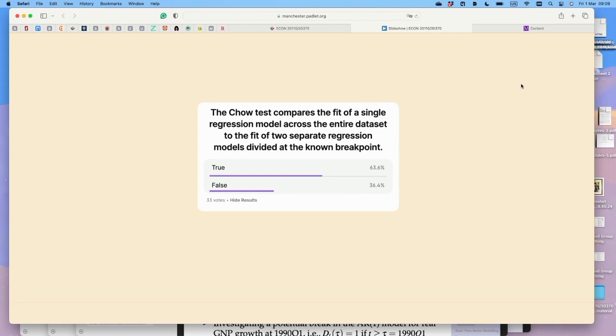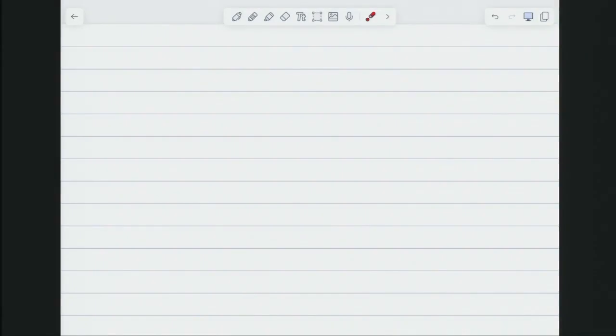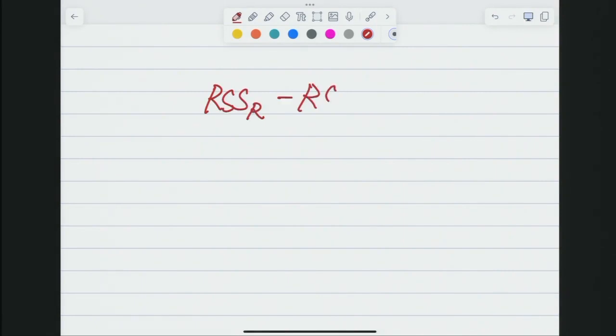Remember in the F statistic, that involves comparing the RSS under the restricted model with the RSS under the unrestricted model.